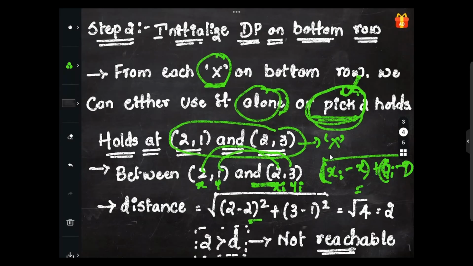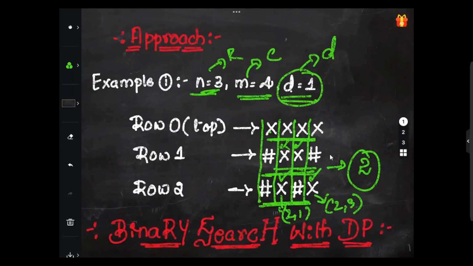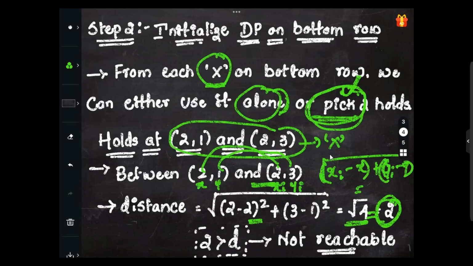Nothing but 0 plus 2 squared. So 2 squared leads us to the square root of 4, and we got the output 2 here. So 2 is greater than d. D in the question is 1, strictly given as 1 here. Since 2 is greater than D, it is not reachable.